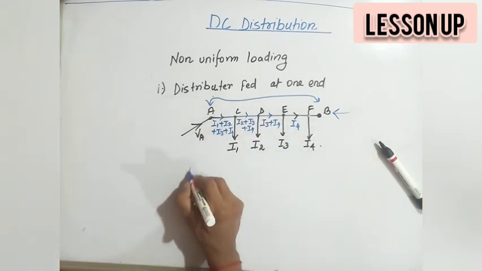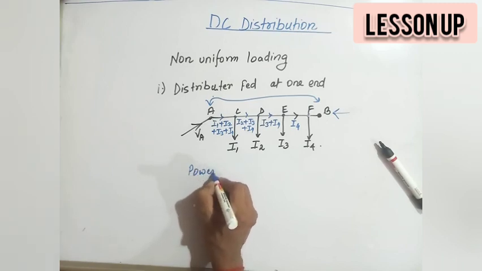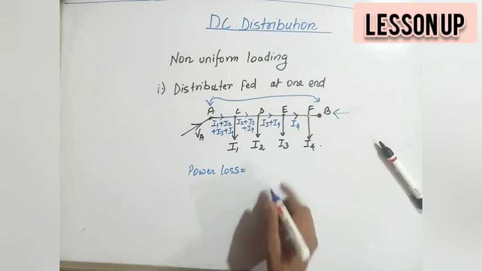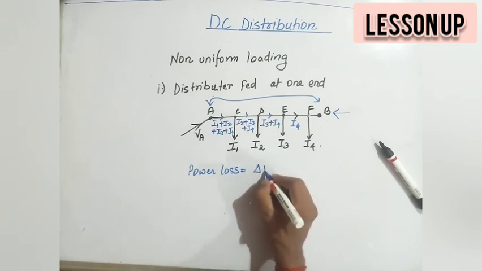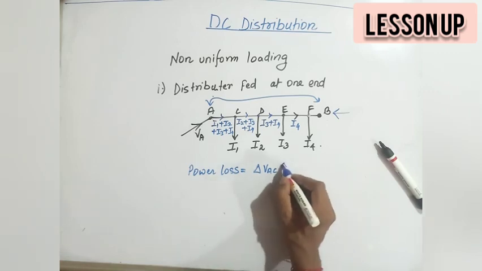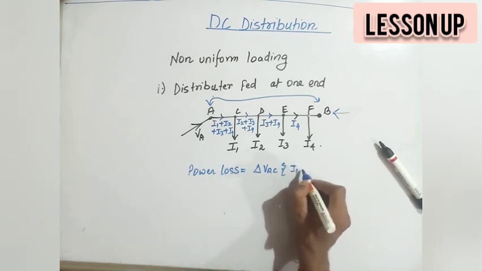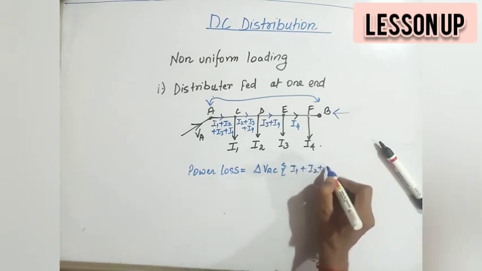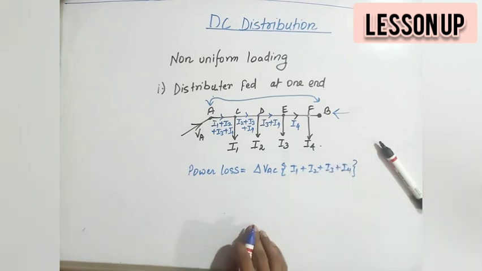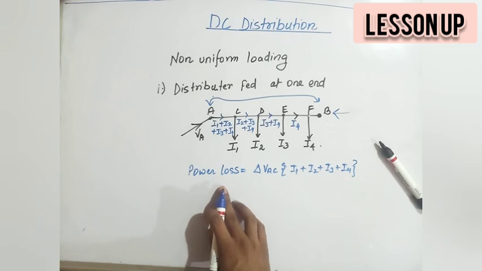If we talk about power loss, it will be equal to del VAC, which is the voltage drop between A and C, into I1 plus I2 plus I3 plus I4. We all know power is equal to voltage into current.